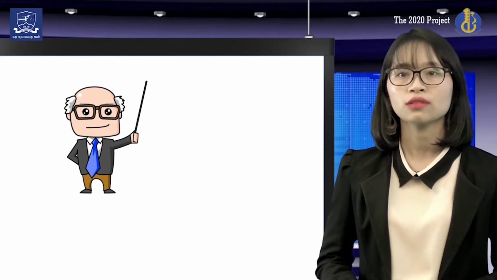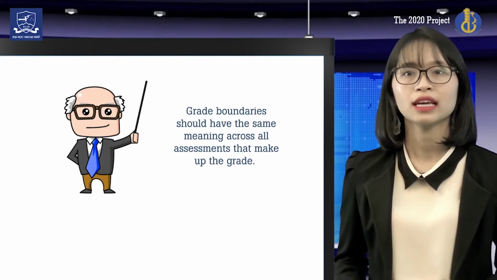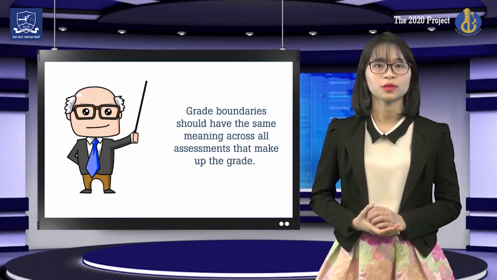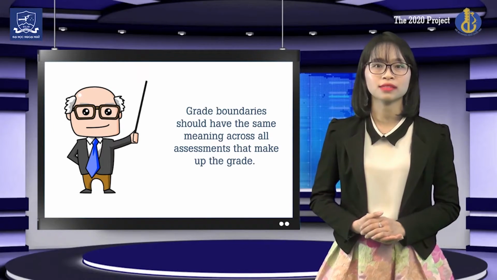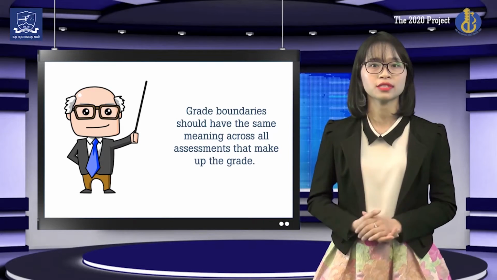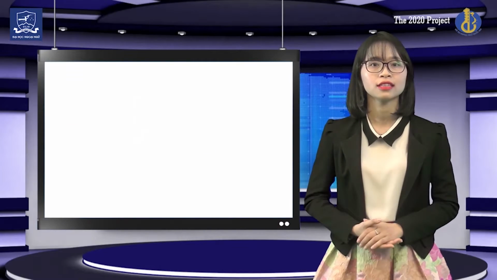Ensuring that your grade boundaries have the same meaning across all assessments that make up the grade is essential. For example, grade 7 in all assessment tasks, written or oral, of the subject English at your school should have the same meaning.